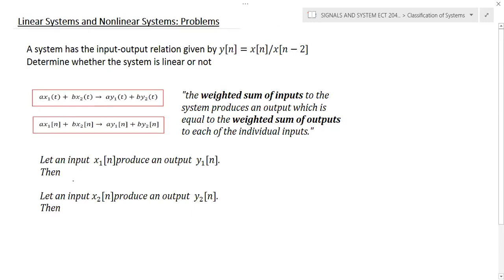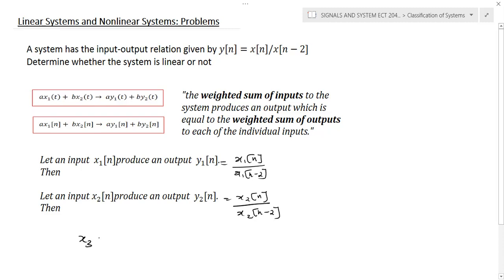And here y of n is given by x of n by x of n minus 2. For the input x1 of n, assume that the output is y1 of n, and you can write it as x1 of n by x1 of n minus 2. And similarly for the second input, it becomes x2 of n by x2 of n minus 2.